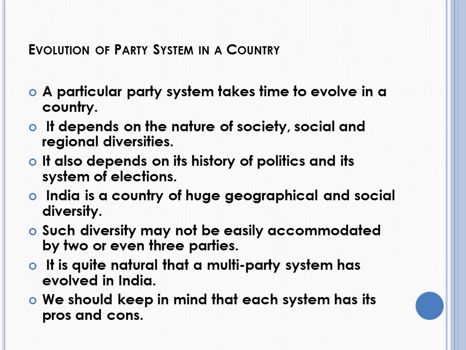India is a country of huge geographical and social diversity. So, such diversity may not be easily accommodated by two or even three parties. So, it is quite natural that a multi party system has evolved in India. We should keep in mind that each system has its own merits and demerits.